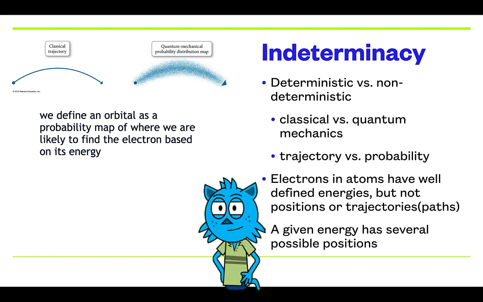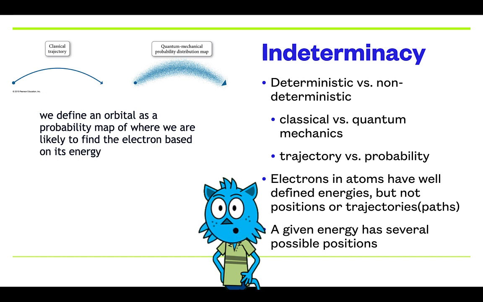So here we see our classical trajectory. This might be like our cannonball being shot from a cannon, following an arc. We could actually calculate its position at any given time. We could calculate the vertical and horizontal velocity at any one of those given times using classical physics.